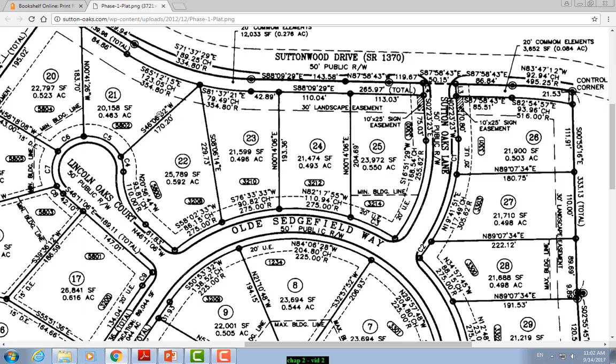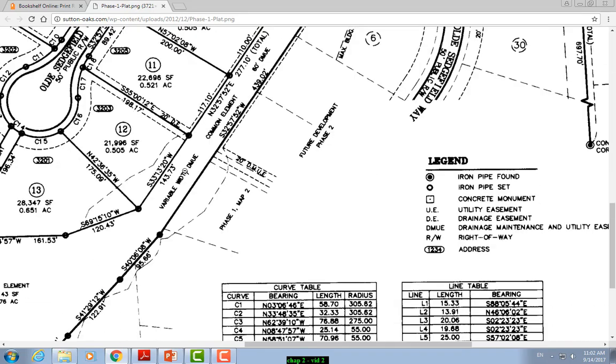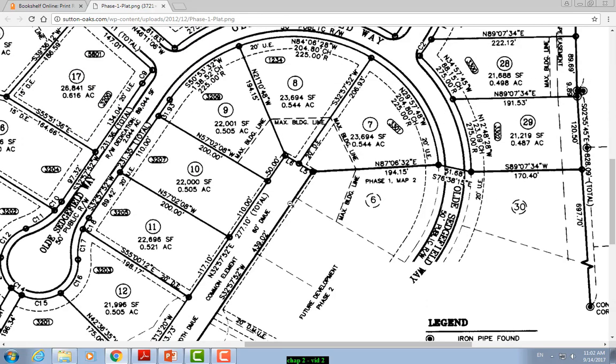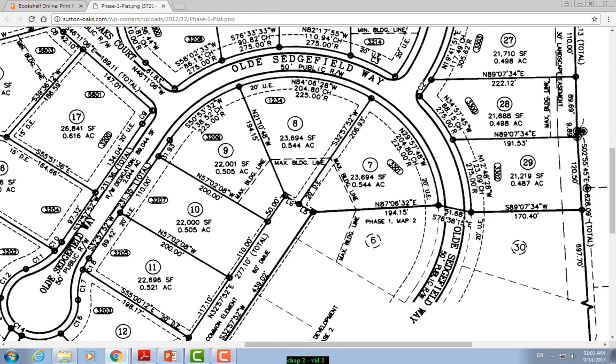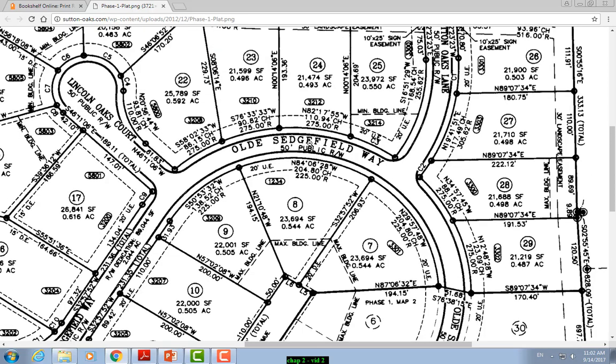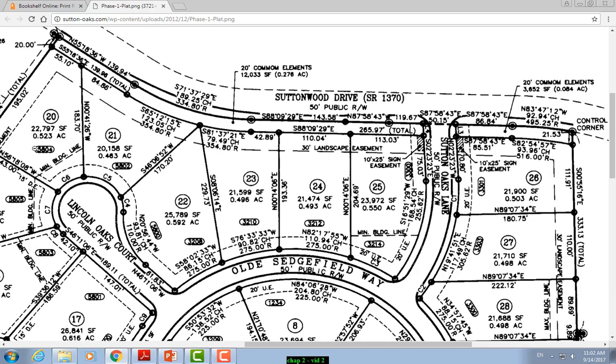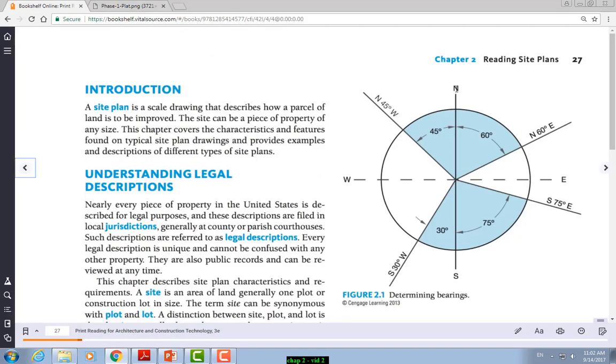Notice that all these numbers start with an S, and maybe here in the bottom they start with north. So they always start with an N, which is north, or an S, which is south. The reason is that you always start measuring from north or south.